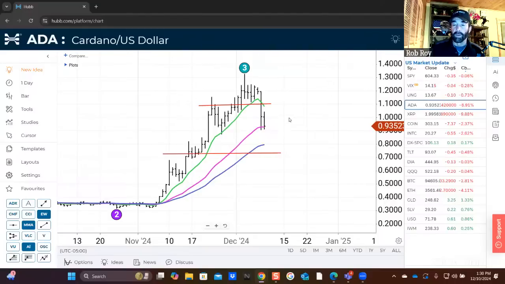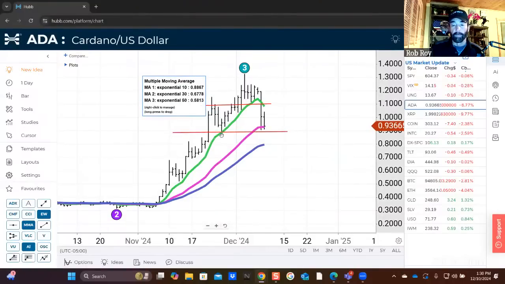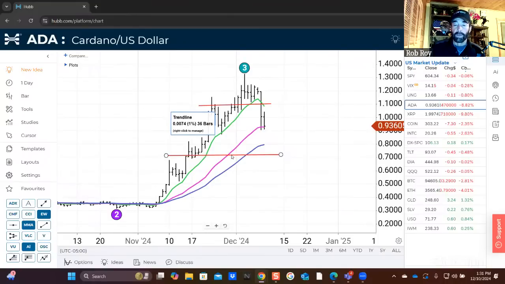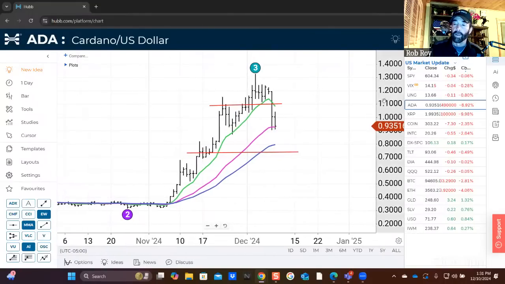Now we're back down. So we want to see if we can hold in this area here. It seems a little tenuous, little bit of support there with that low from towards the end of November. But down here around 70, 75 cents seems to be a bit more support if we were to head down there.